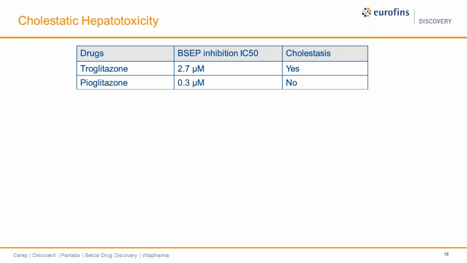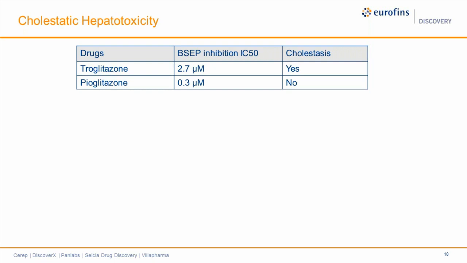And there's a story of two drugs that block BSEP, troglitazone and pioglitazone. Both are type 2 diabetes drugs. Troglitazone was removed from market in 2000 due to DILI caused by cholestasis. Pioglitazone is still on market and considered a safe drug to treat diabetes.